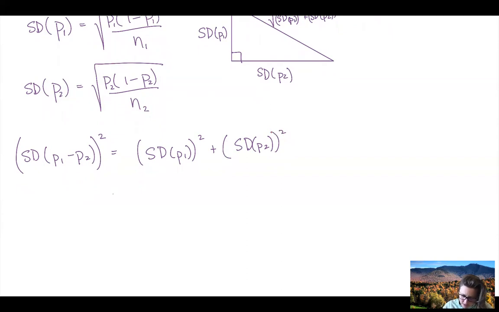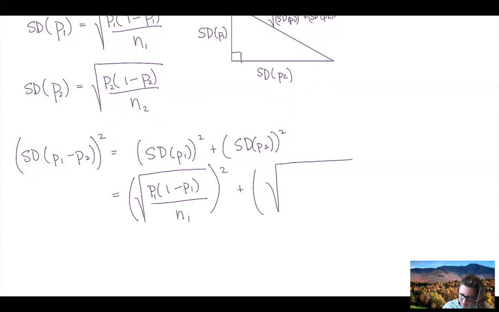So I can say, well, this thing is equal to the square root of P1 times 1 minus P1 over N1, all squared, plus the square root of P2 times 1 minus P2 over N2, all squared.